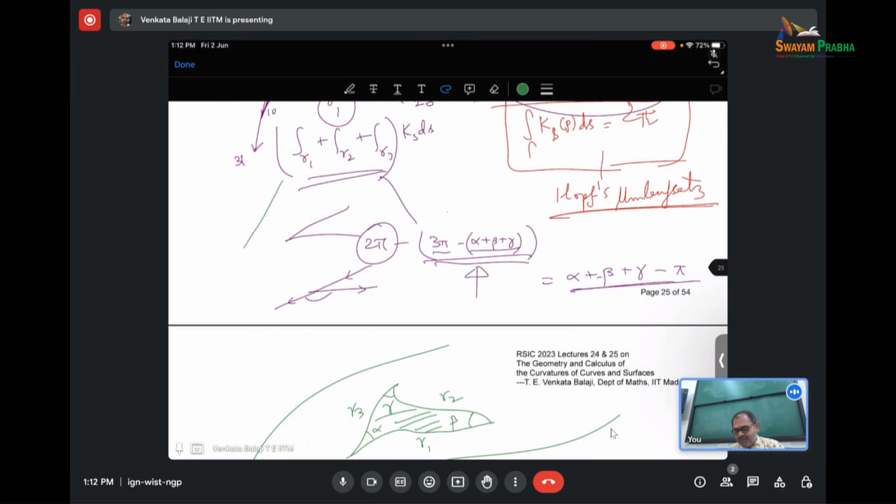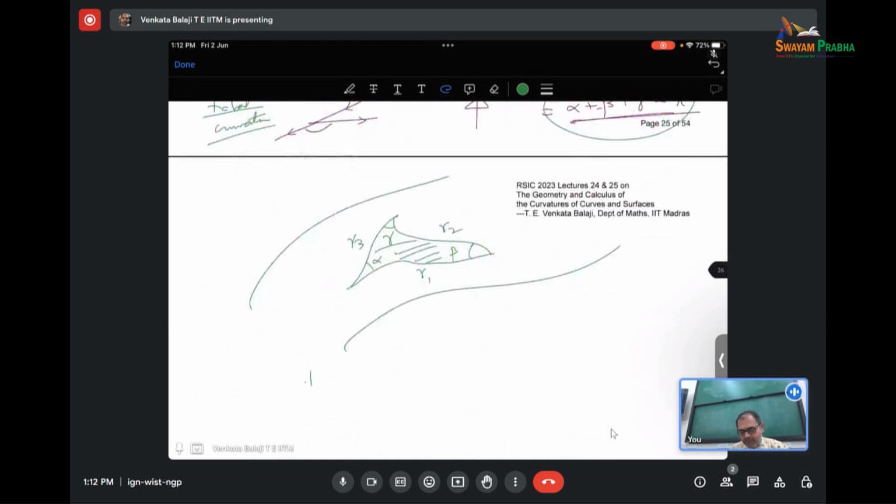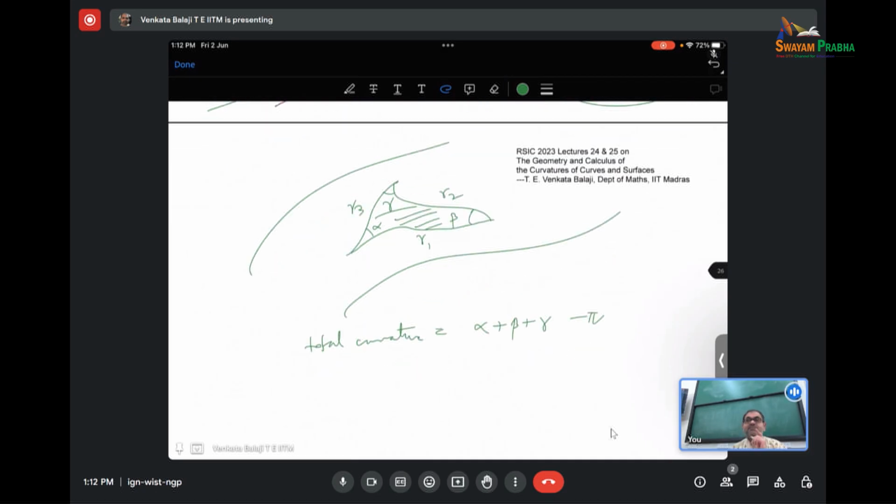Again, you are going to get the same thing. Mind you, this is total curvature. So again, you will get total curvature will be alpha plus beta plus gamma minus pi. You will get this. And here, what is the meaning of total curvature?